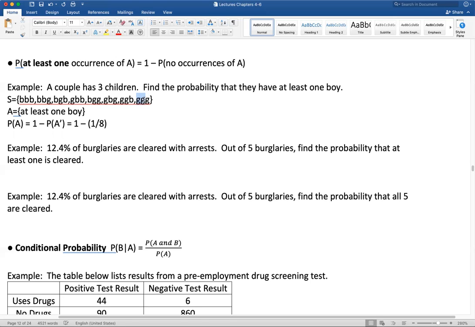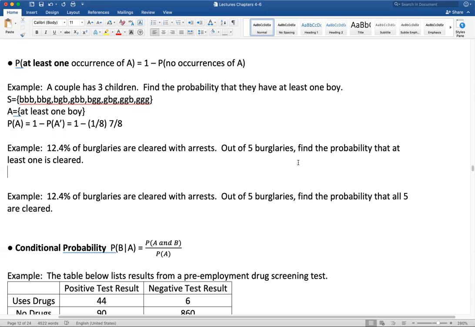Only one outcome, GGG. So 1 out of 8 is P of A prime. So that's going to be 7 over 8.